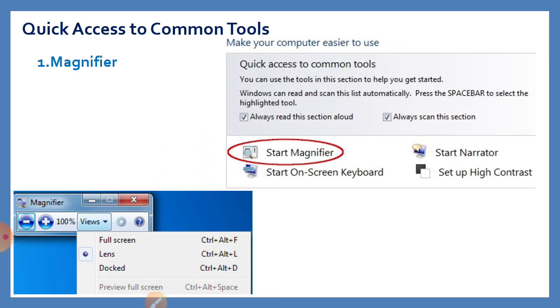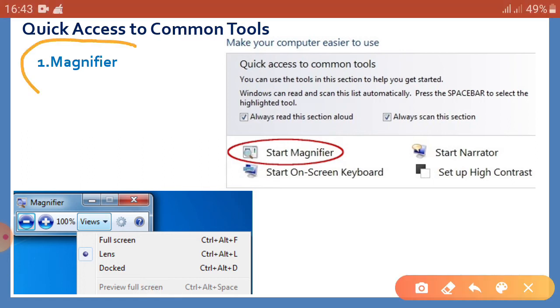So here we are discussing quick access to common tools. First of all, the magnifier. We are talking about the magnifier. The magnifier tool is helpful for the people with impaired vision as it enlarges different parts of the screen to make words and images on the screen easier to see.